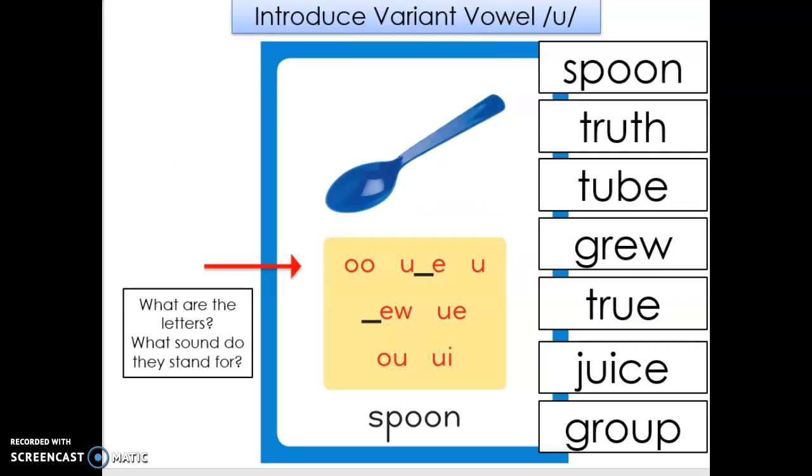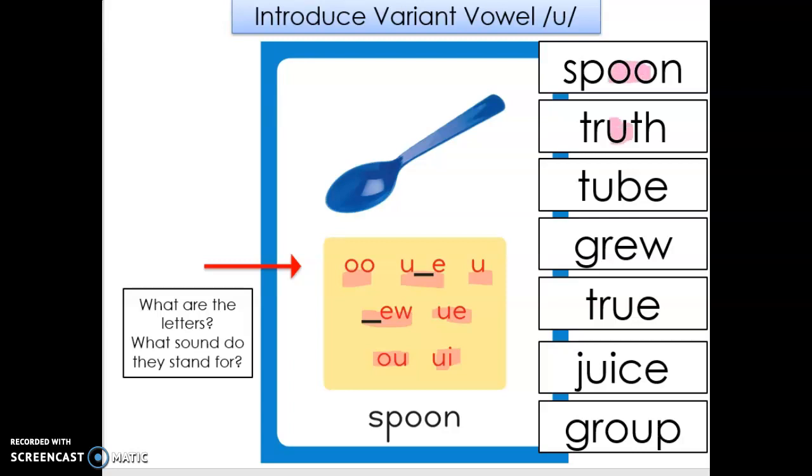Here's our spoon card right here. We have OO, U blank E, U, EW, UE, OU, and UI. So, our spoon card says ooh, ooh. What does it say? We have OO like in the word spoon.